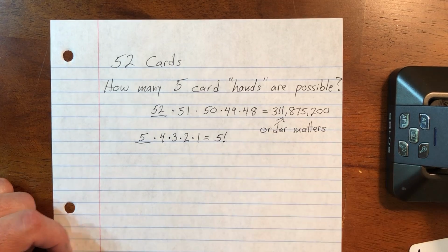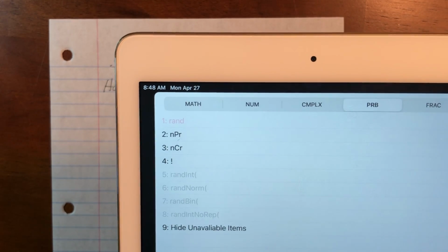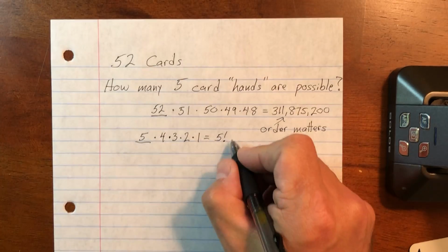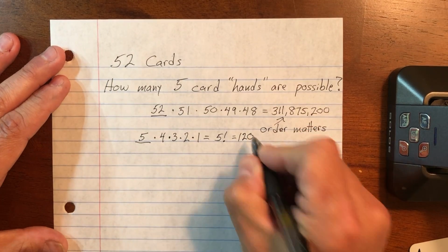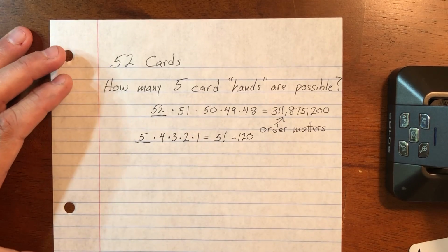And 5 factorial on your calculator, well, let's calculate that. I hit the math button, go over to probability, choose choice 4, 5 factorial. What's that equal to? It's 120. So there are 120 different ways that you can rearrange the 5 cards in your hand.